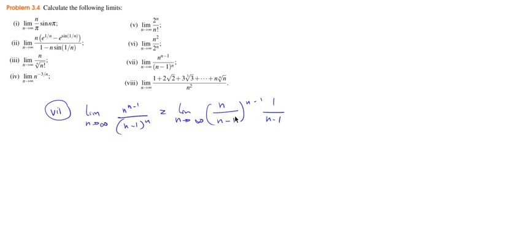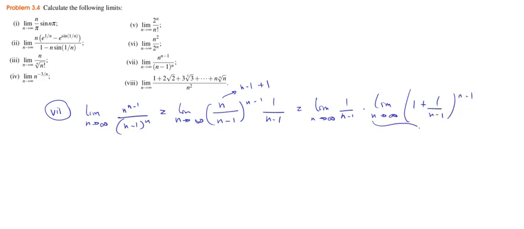Now this is the limit when n goes to infinity of 1 over n minus 1 times the limit when n goes to infinity of n, which is n minus 1 plus 1, n minus 1 over n minus 1 is 1, and then you have plus 1 over n minus 1, to the n minus 1. So this is just e, but the other limit is 0, so this is 0 times e, 0.